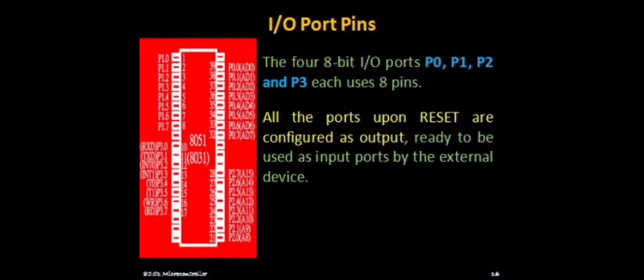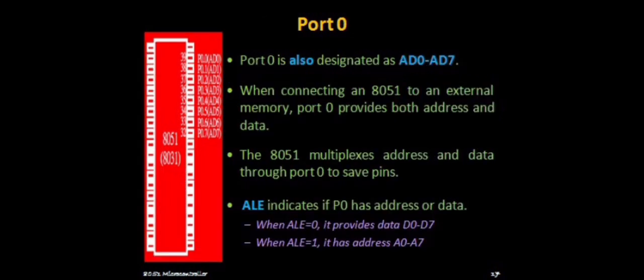The four 8-bit I/O ports P0, P1, P2 and P3 each use 8 pins. All the ports upon reset are configured as input, ready to be used as input ports by external devices. Port 0 is also designated as AD0 to AD7 when connecting an 8051 to external memory.